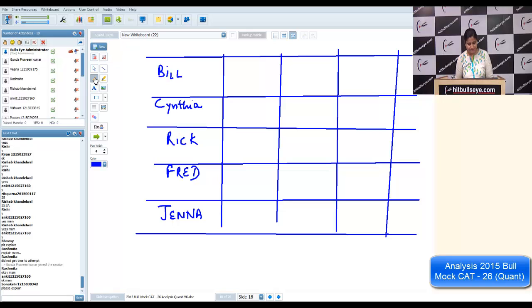Then the surnames were given, then the furniture pieces were given. This is surname, this is furniture piece name, and this is the cost column. Now coming to the direction, first of all I am taking the third direction that you can see in your PDF copy.